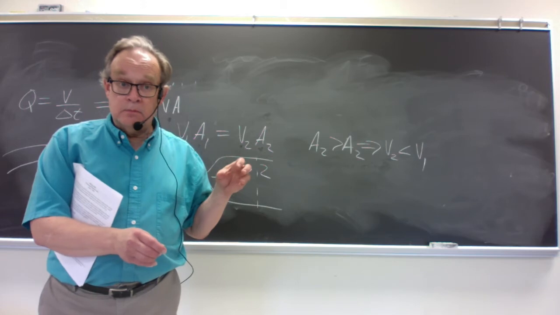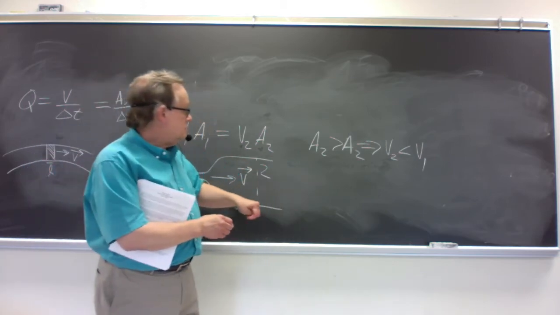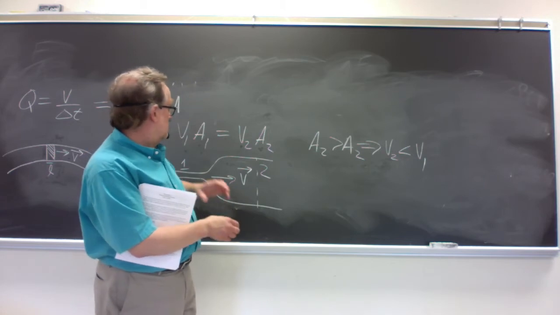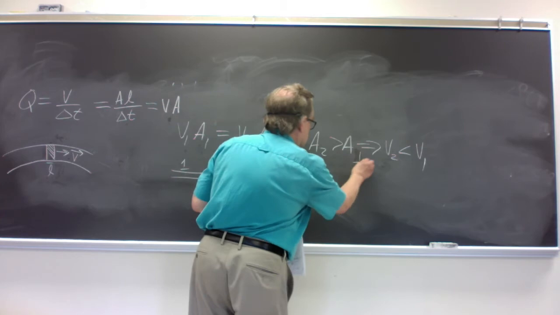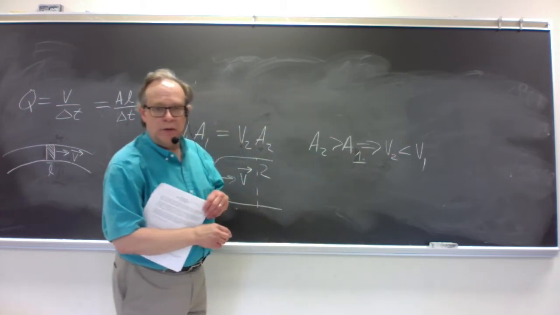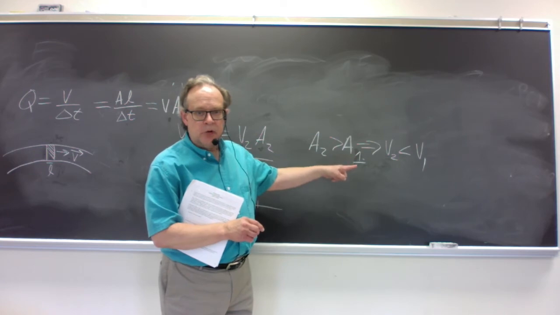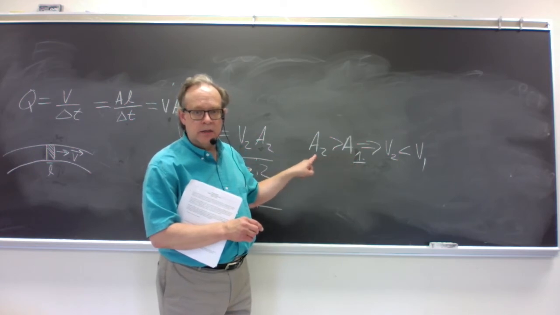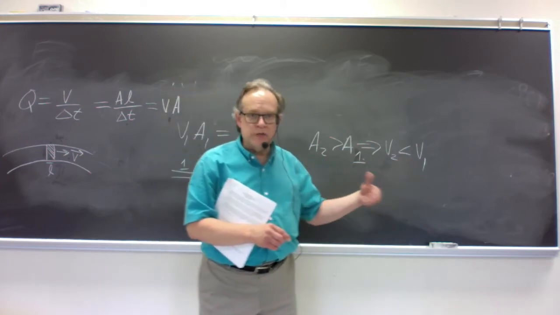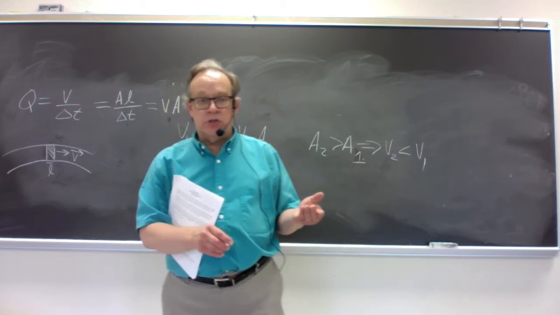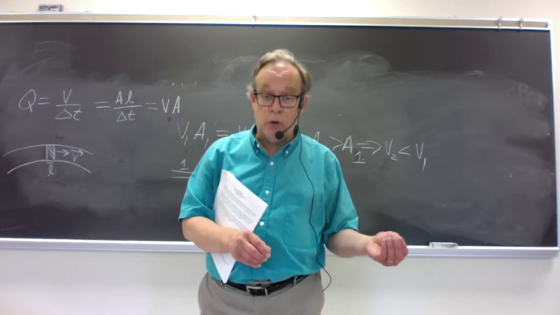That should have been area 1, sorry about that. Traveling through narrower spaces, an area that's less than it is elsewhere, it moves at a higher speed. And that's basically because the volume flow rate is the same everywhere.